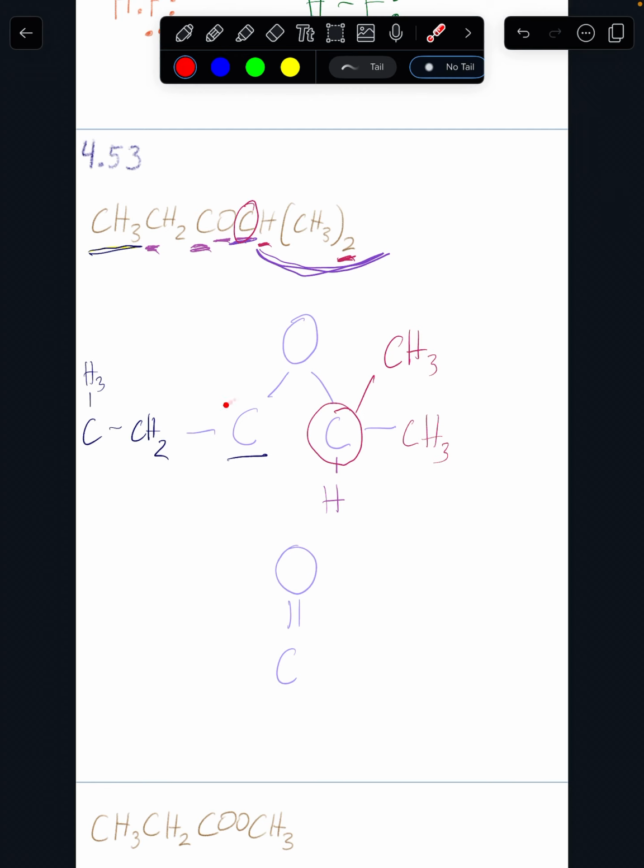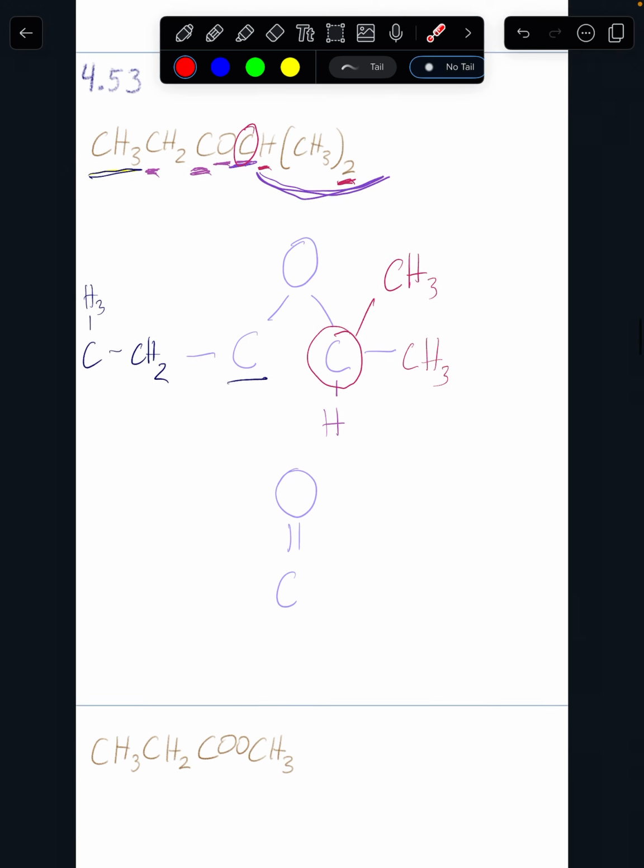However, what about this carbon? It only has 1 and 2. So it's missing the other 2 connections. So it's not happy whatsoever. So then we know that this portion here has to be changed. Okay?